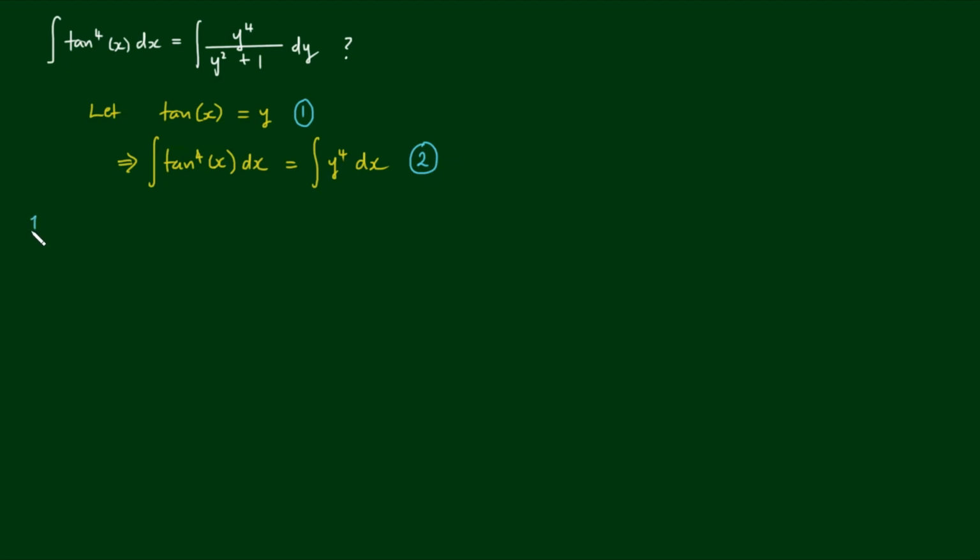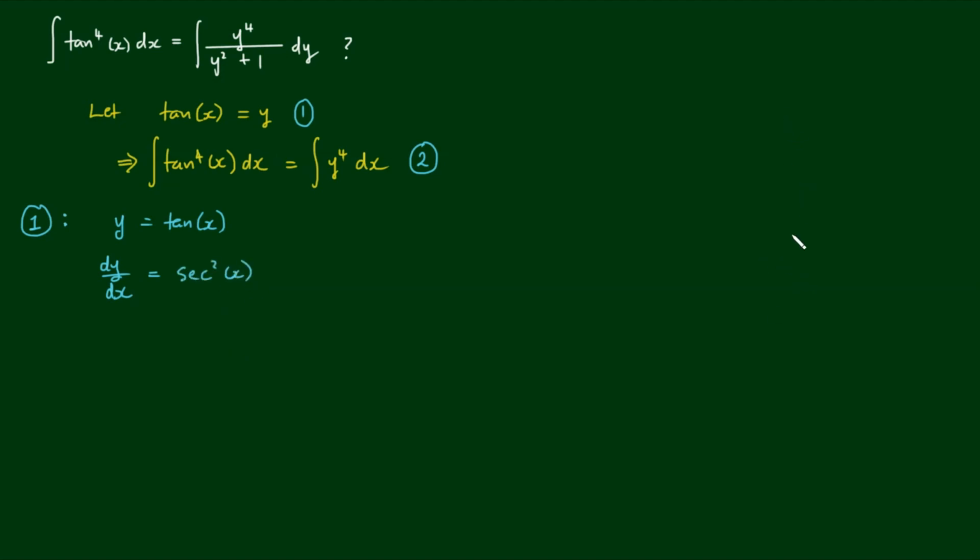From equation 1, with y equals the tangent of x, let's take the derivative. So dy dx is equal to the derivative of the tan of x, which is the secant squared of x.